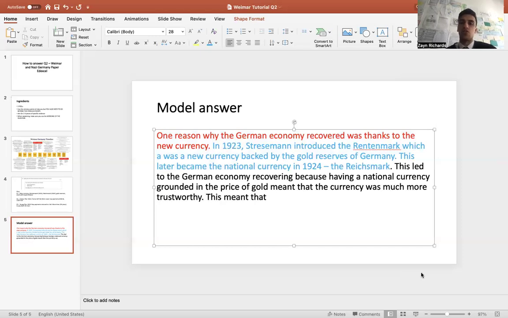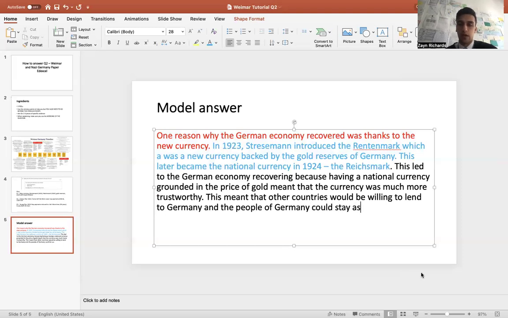This meant that other countries would be willing to lend to Germany, and the people of Germany would stay assured that the value of their money would remain constant.